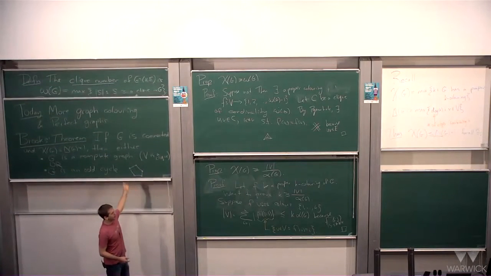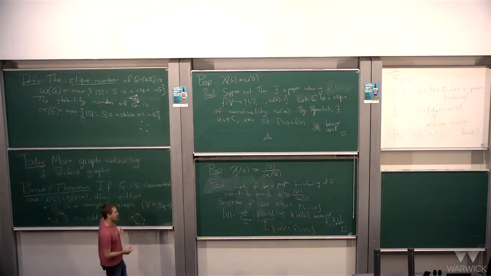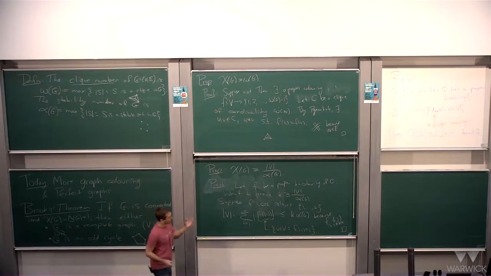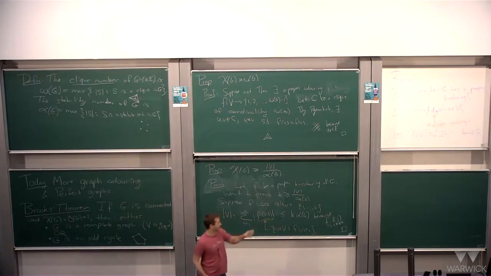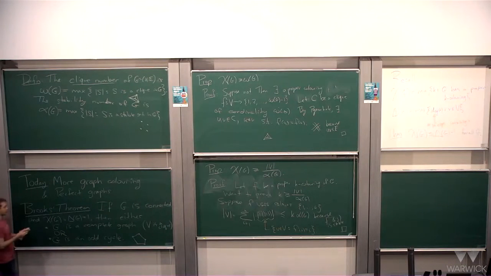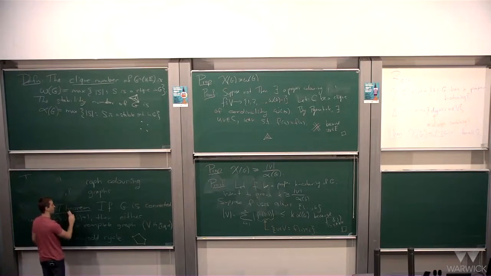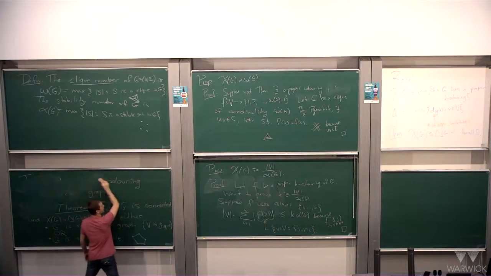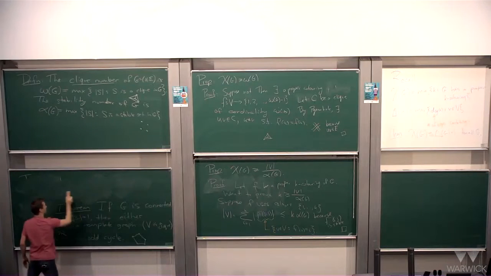But yeah, yesterday we gave this kind of trivial upper bound on the chromatic number, and then Brooks's theorem, this thing that we're not going to prove, characterizes the graphs which have equality in that trivial upper bound. So we're going to focus on a similar sort of thing, except for one of these trivial lower bounds, in particular the first one involving the clique number.